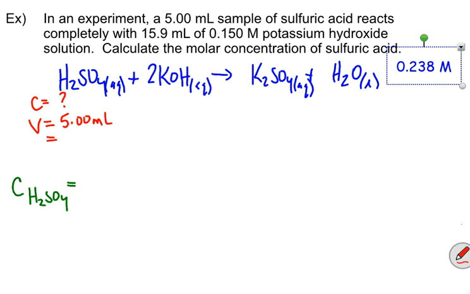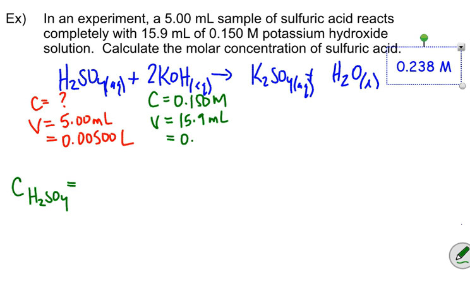Remember to convert all your volumes to liters, so 0.00500 liters. And for my potassium hydroxide, I had a concentration of 0.150 molar, and a volume of 15.9 milliliters. Again, convert that to liters, so it's 0.0159 liters. I divide by 1,000.